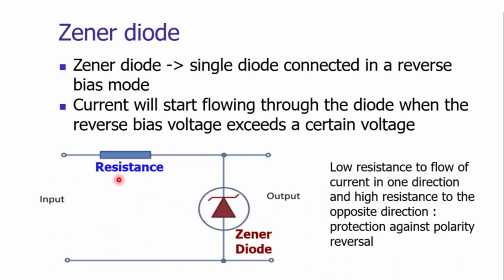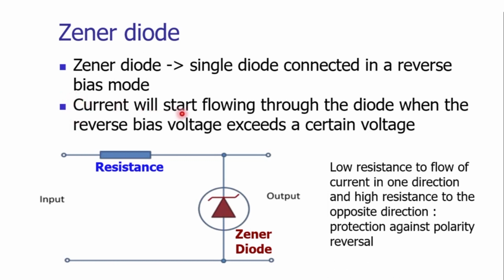If the input gives a very high level of voltage, then the Zener diode will break down and it will not allow that high voltage to be applied to the microprocessor. It will bypass, it will allow the electricity to flow through the circuitry, and in this way we can safeguard the microprocessor. So this is the peculiarity.